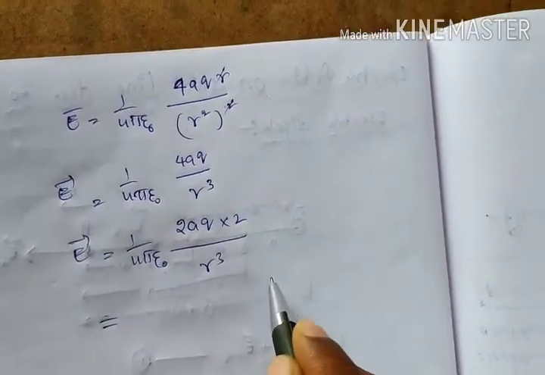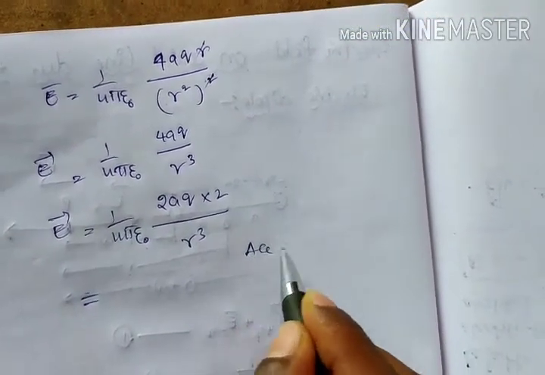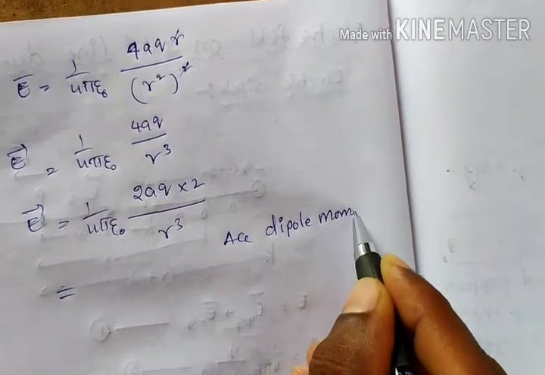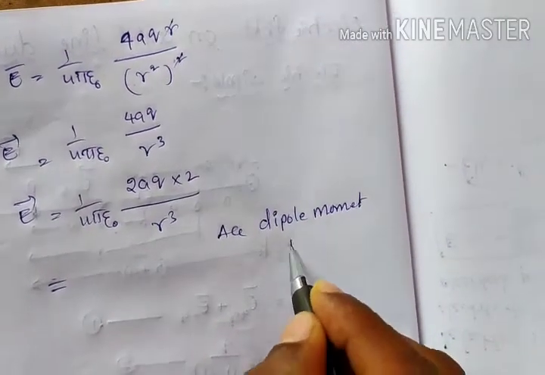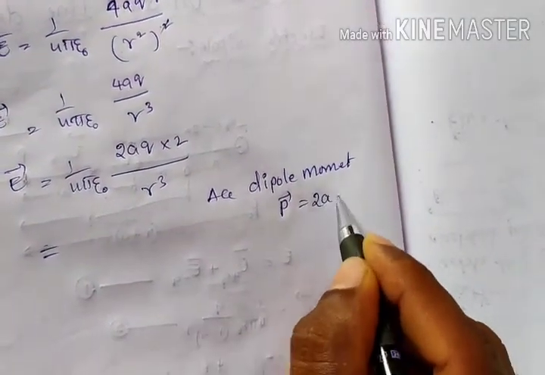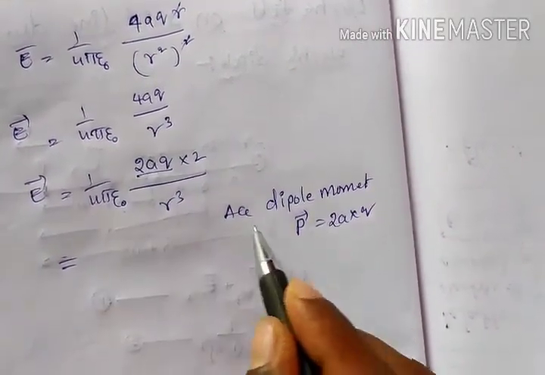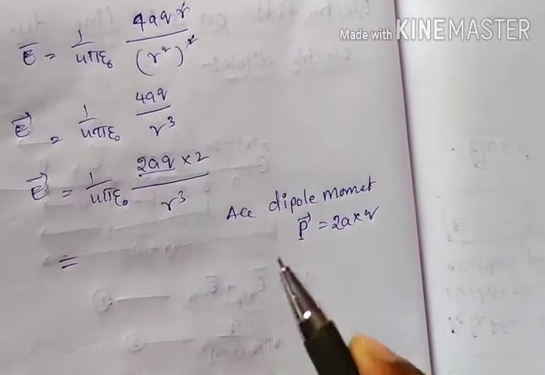So this is according to electric dipole moment. What is the definition of electric dipole moment? P bar is equal to 2a into q. See here, 2a into q. Instead of 2a into q, we can substitute p bar.